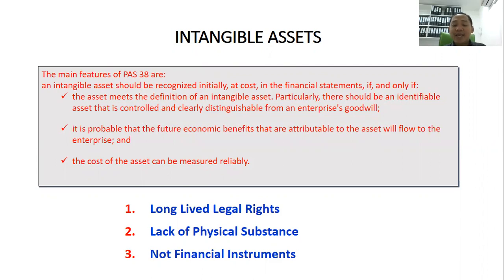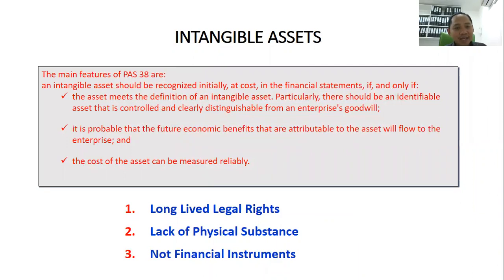Particularly, there should be an identifiable asset that is controlled and clearly distinguishable from enterprise goodwill. Second criteria, it is probable that the future economic benefits that are attributable to the asset will flow to the enterprise, and the cost of the asset can be measured reliably. So those three criteria should be met.